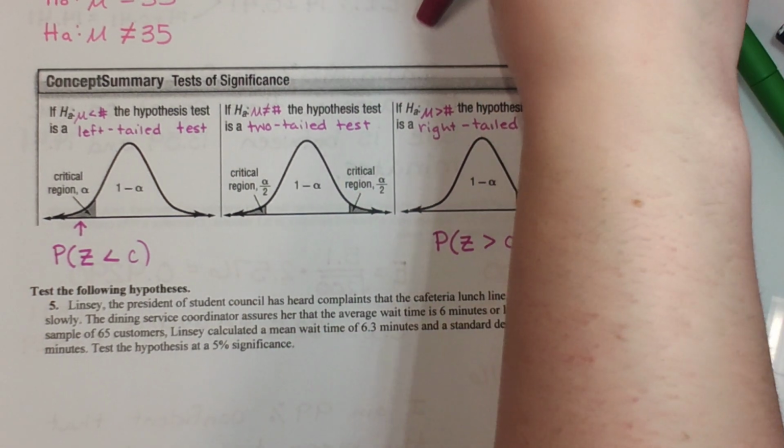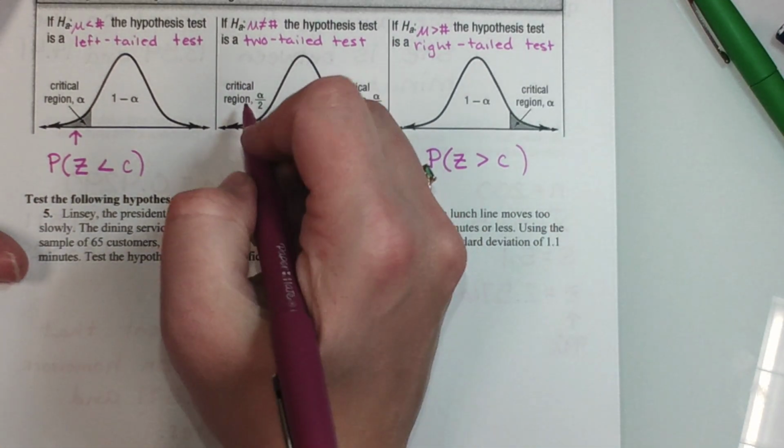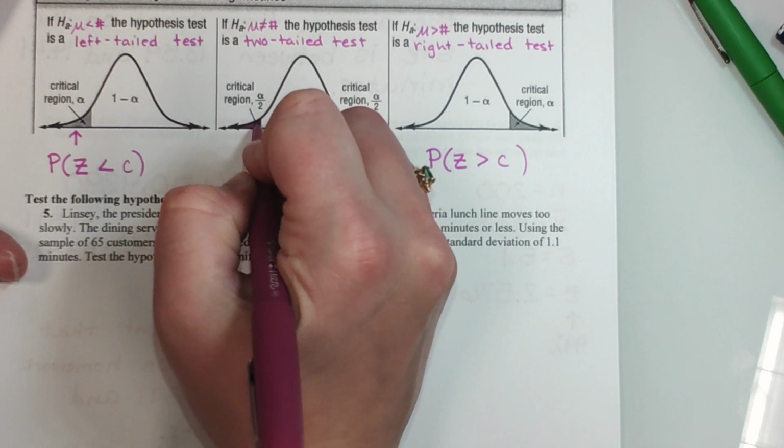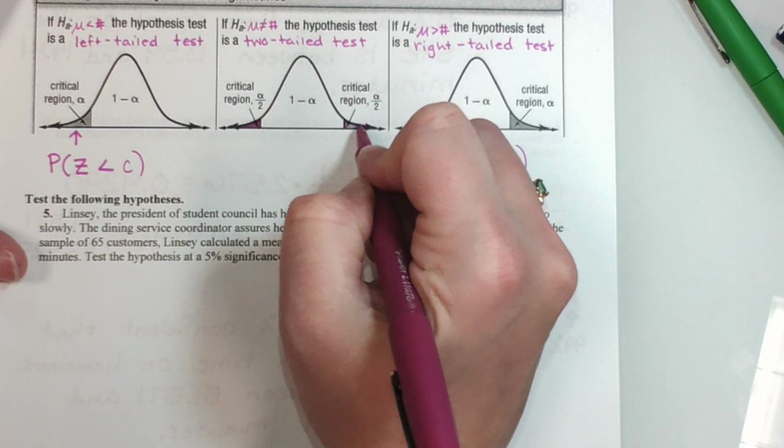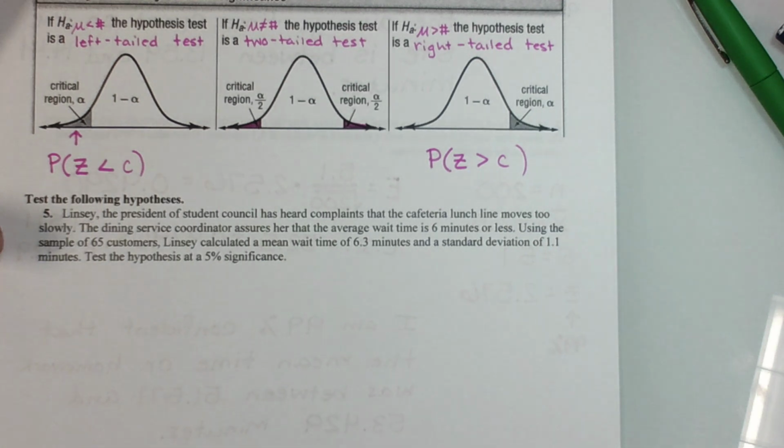So what ends up happening is there are two regions that are called the critical regions. The critical region is that area of the graph that fits that tiny little probability that you're trying to show it is. In a 10% significance level, you're trying to show that the probability of it happening is less than 10%.